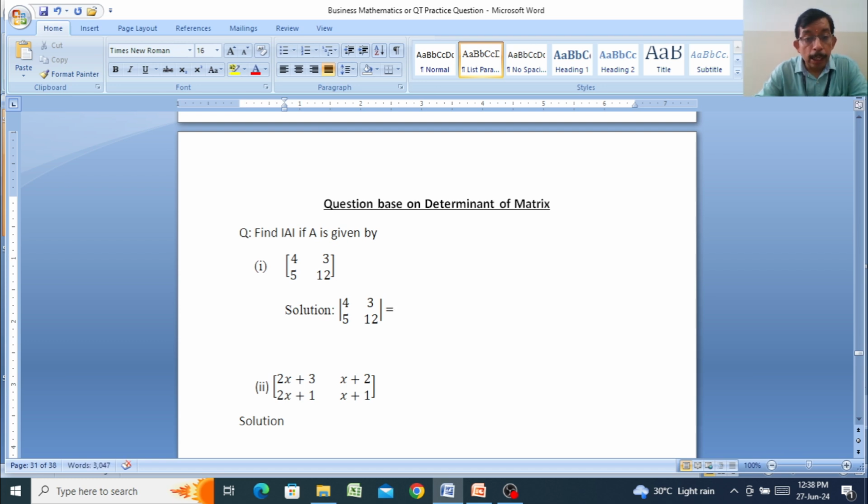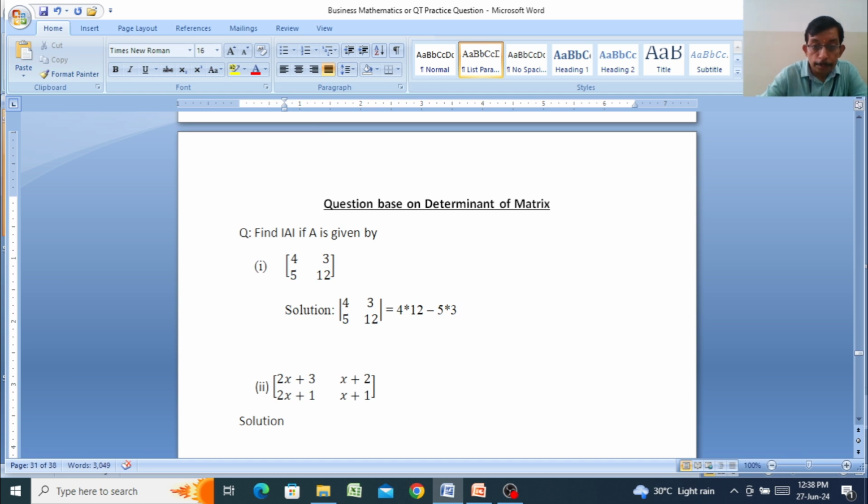The first diagonal elements are 4 and 12, so the multiplication is 4 times 12, minus the second diagonal elements 5 and 3. The 4 and 12 make the main diagonal, and the second diagonal elements are 5 and 3, so we multiply 5 times 3. The value of the determinant is the difference of the multiplication of the diagonal elements in a second order determinant.